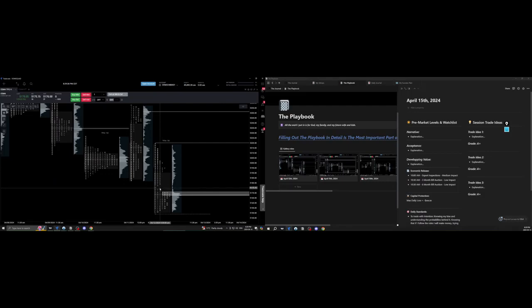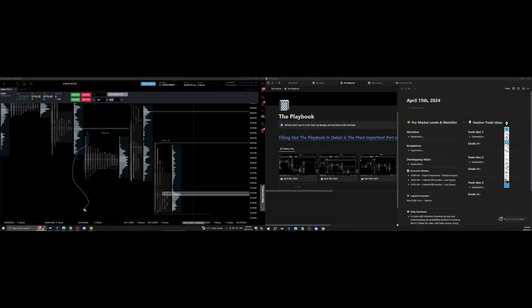So trading through single prints, it's a lot easier to trade through them. So if we have, this is a volume profile here, right? If we have a single print right here, price can chop up here, can come here, but when it reaches this single print, price often trades through it a lot more easily.